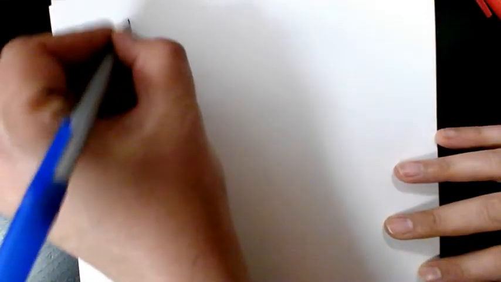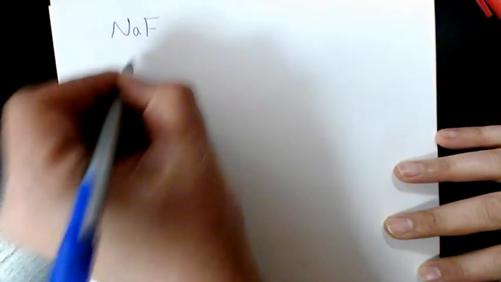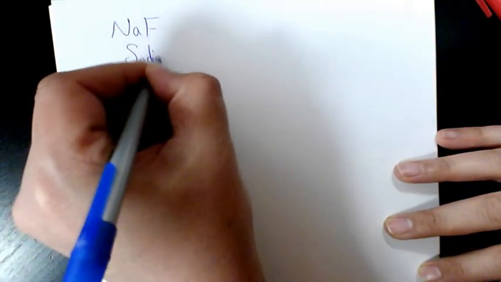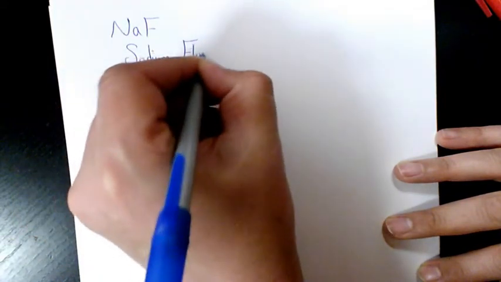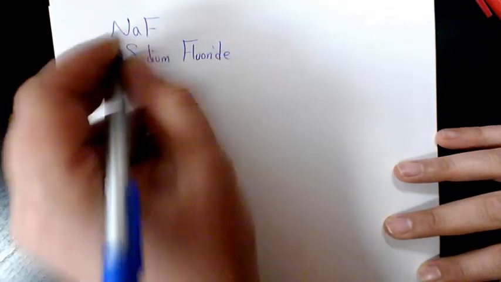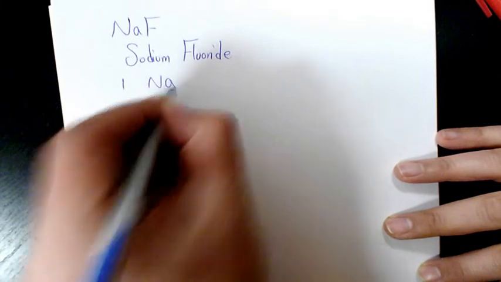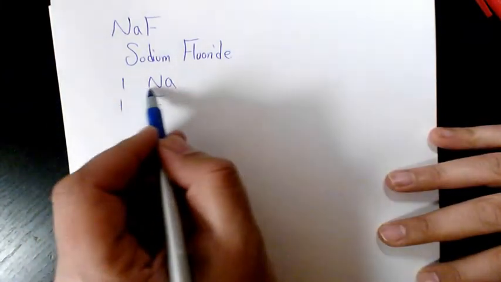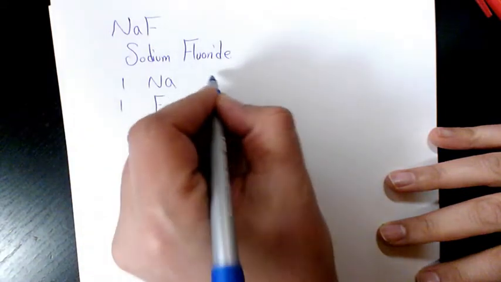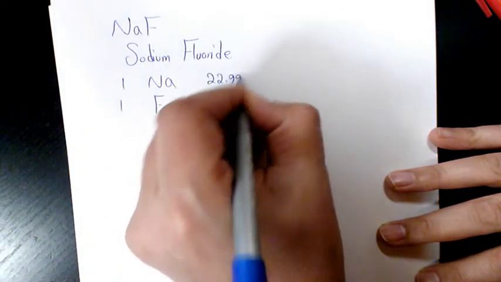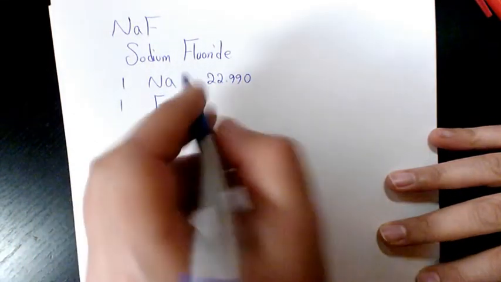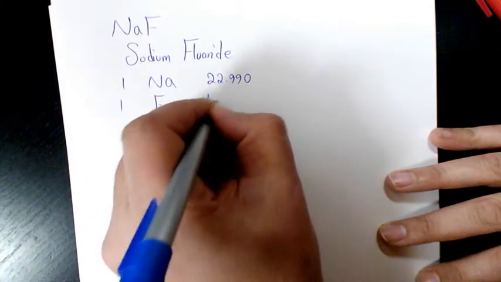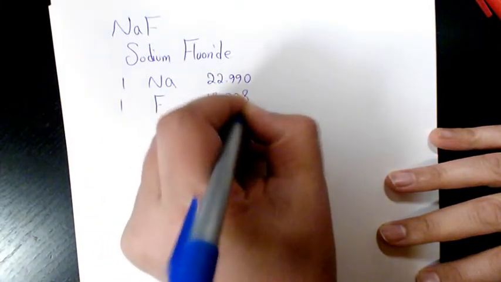Next one is going to be NaF, sodium fluoride. Sodium fluoride has 1 atom of sodium and 1 atom of fluorine. Sodium is 22.990 and fluorine is 18.998.